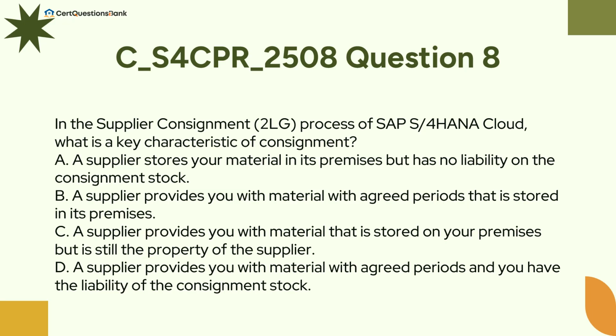B. A supplier provides you with material with agreed periods that is stored in its premises. C. A supplier provides you with material that is stored on your premises but is still the property of the supplier. D. A supplier provides you with material with agreed periods and you have the liability of the consignment stock.